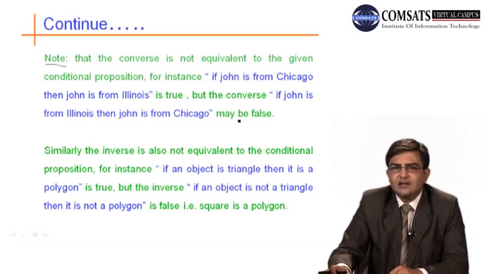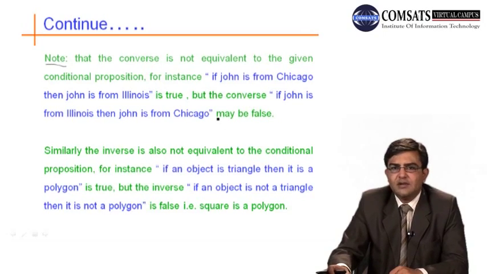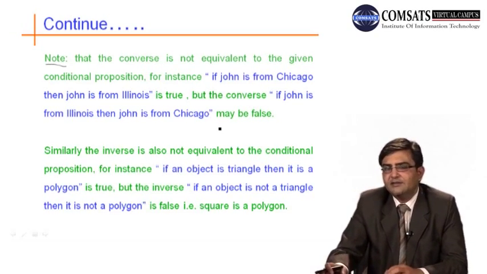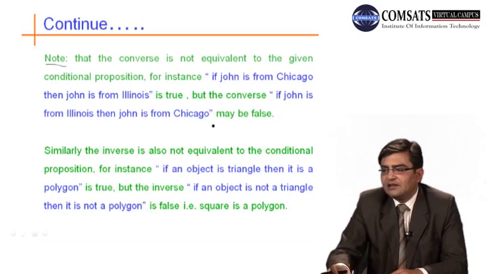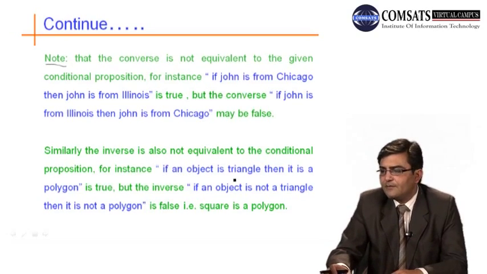You can interpret this yourself, as I have given you the example: if Sarah lives in Islamabad, then she lives in Pakistan. This is the same conditional statement. If we take the converse of the conditional statement, then these two statements, P implies Q and Q implies P, are not logically equivalent.